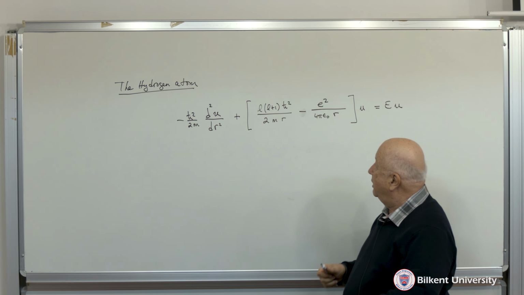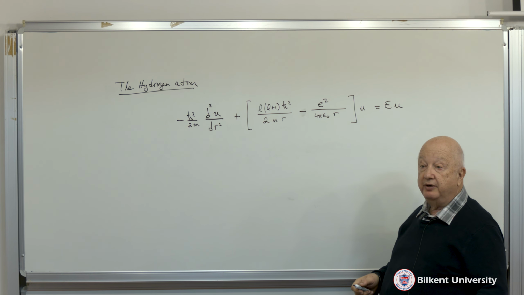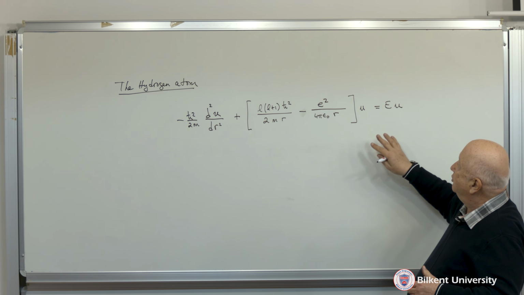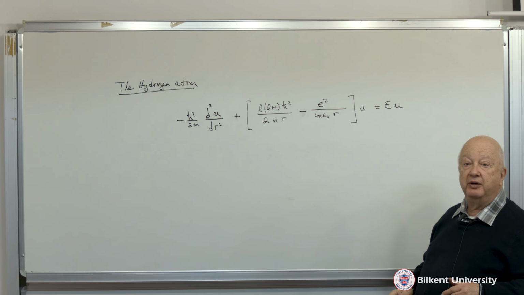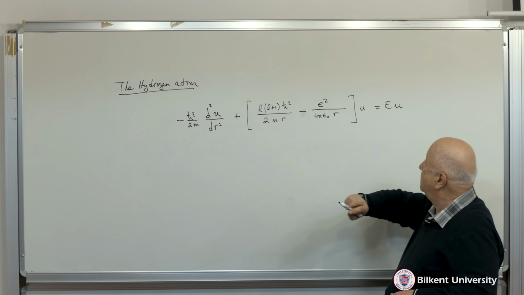Now, we can obviously go ahead and solve it with these variables and everything, but it is customary to divide this equation by some quantity so that you get mostly unitless variables. You see, I have u multiplying everything here, and there's energy here.